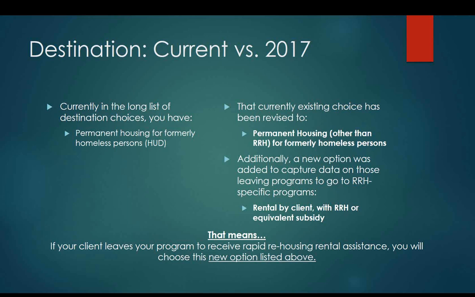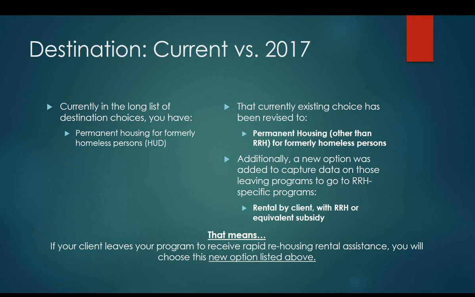So the biggest thing that means is if your client is in an emergency or transitional housing program, or they're in case management and they move into housing, you're going to reflect that either by choosing permanent housing, which would be someplace like the YMCA, someplace like our Bell York Apartments or Turning Point Interfaith Missions program, anything of that nature.